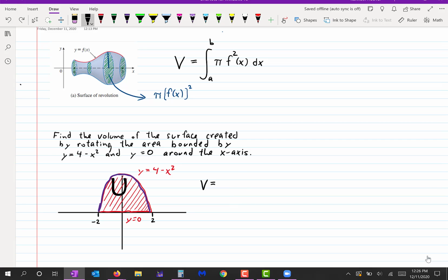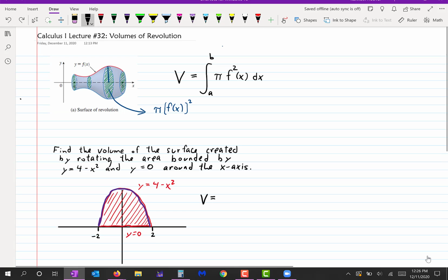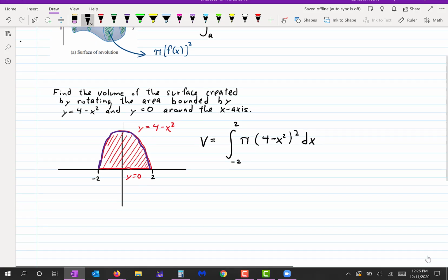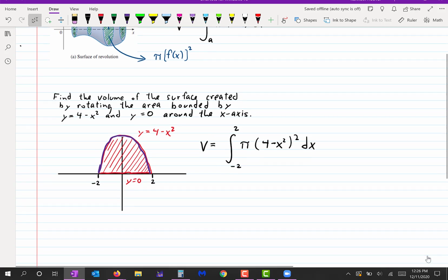Let's get rid of that. There we go. All right, so I would integrate pi times 4 minus x squared, squared, from -2 to 2.